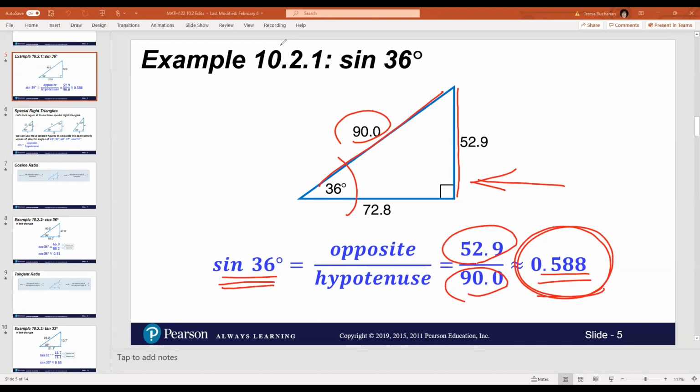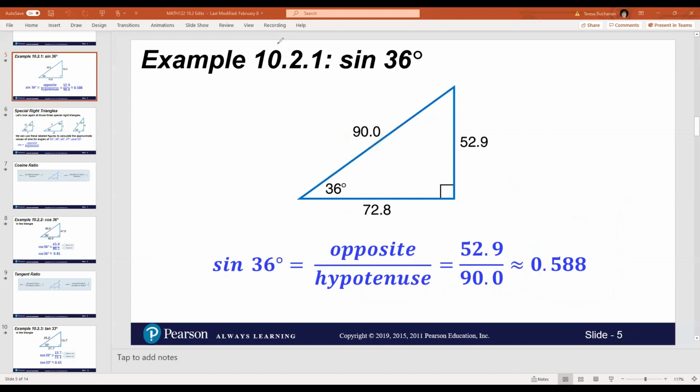Any 36-degree angle will always see this relationship: the comparison of the side opposite that 36-degree angle to the hypotenuse of that triangle, believe it or not, will always be 0.588. The sine of 36 is that number, period. And again, it's a number, it doesn't have any units, it's the comparison of the two side lengths.